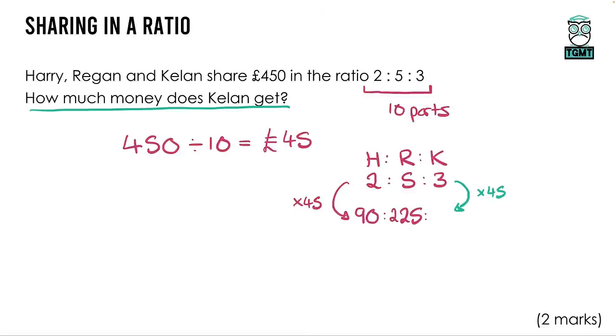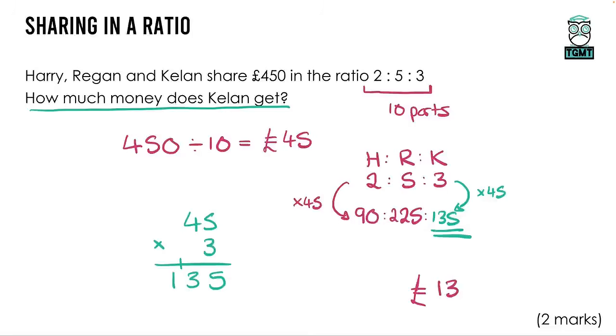And our final one, which is the one we were looking for, is 3 times 45. So of course, make sure we get this one correct. We'll do our multiplication to the side. 3 times 5 is 15. 3 times 4 is 12, plus the 1 is 13. So 135 is how much Keelan gets. That is the answer to our question, so it's £135.